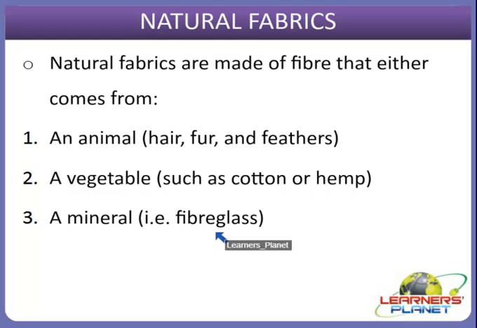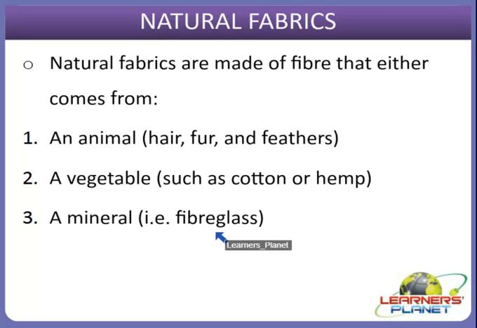During the early 20th century, scientists developed a new type of textile using the natural cellulose fibers from plants and petrochemicals to make rayon, a synthetic fiber.